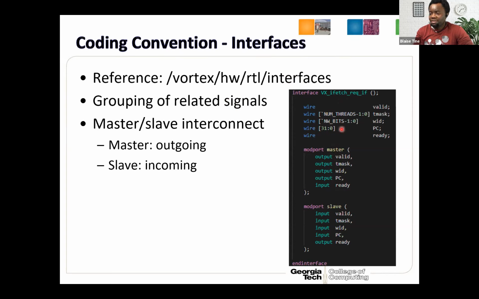But to be consistent inside the code base, we explicitly use master for all outgoing signals from the interface, and slave for the incoming signals through the interface. And grouping related signals inside the interface makes it easier for the reader, or for new students joining the project, to make sense of the hierarchy inside the code.